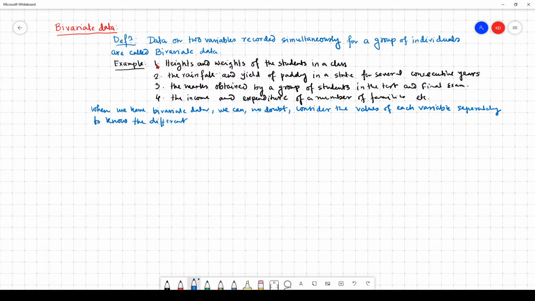Bivariate data means simultaneous observation from the same individual. If I take height and weight from Shashwat, this is bivariate data. If I take a height from Shashwat and weight from Sharnavo, this is not bivariate data. Clear, Shashwat? Please tell me, clear?